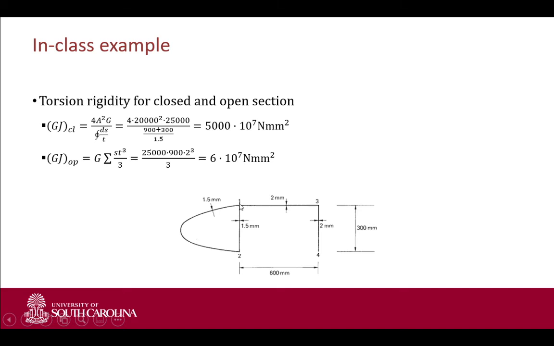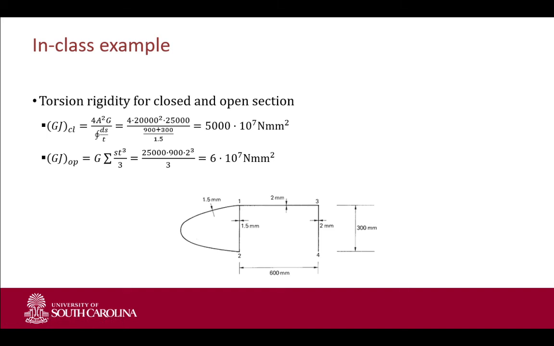The second part of the cross section is this open section 1, 3, and 4. If we take the different segments and the summation of them, we get 25,000 multiplied by, since we have the same thickness, we can sum them together as 300 plus 600, so 900 multiplied by 2 to the power of 3 over 3. So that's how we calculate it.